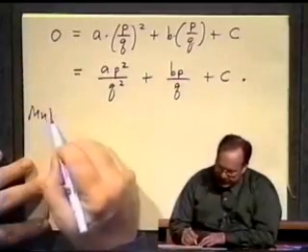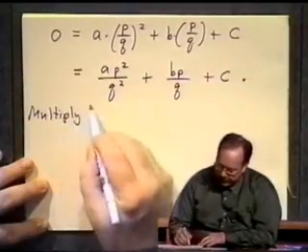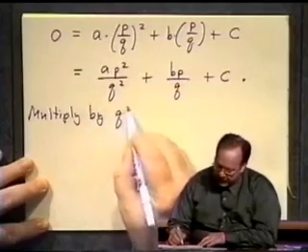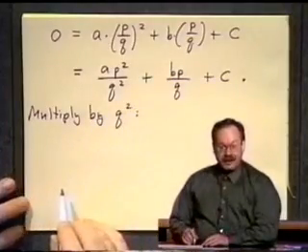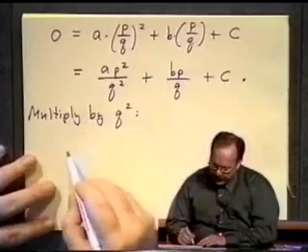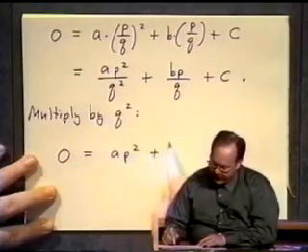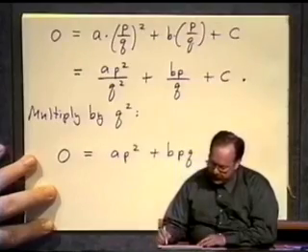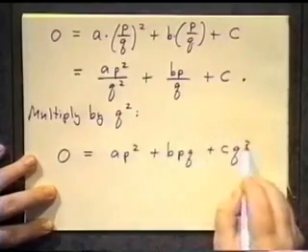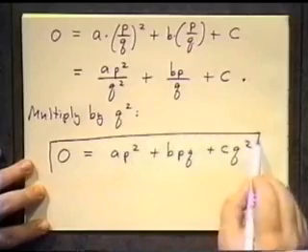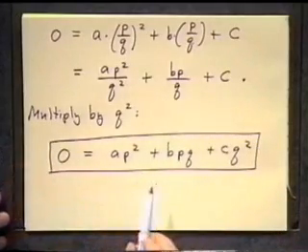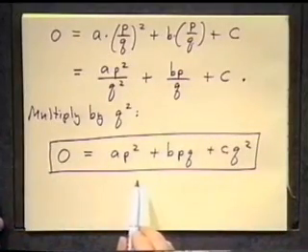Now let me do a little bit of algebra here. Let me multiply through the entire expression by q squared, which is that largest common denominator. And I then get 0 is equal to a p squared plus bpq plus c q squared. Now I'm going to modify this in two different ways.